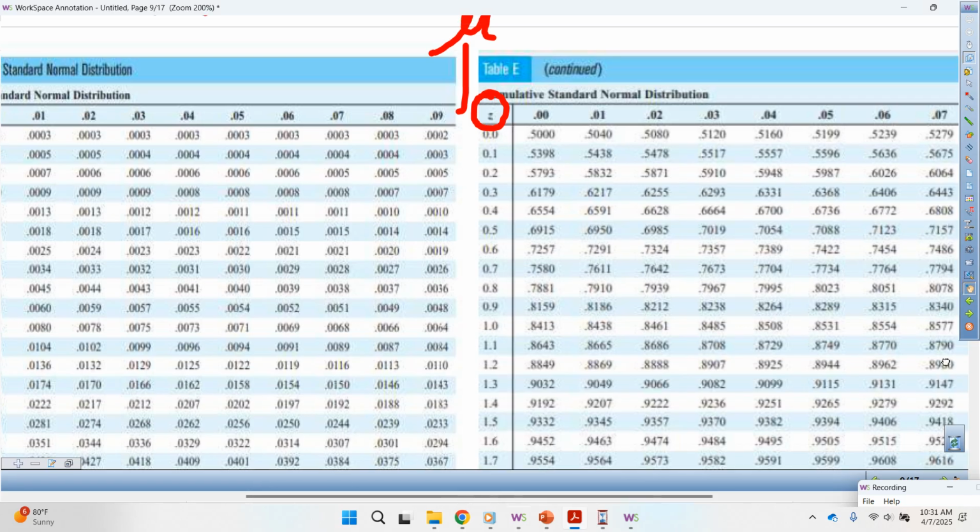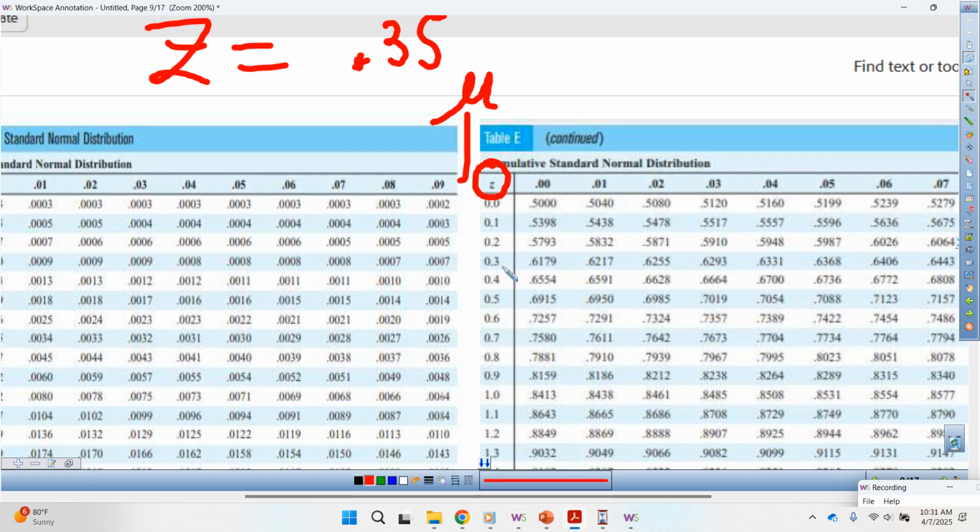Do you guys see it? All right, with your pencil, underline that, 0.3. Next, but that's only that one. What am I missing? 0.05, is that correct? So I go to the top, and I want you to start at 0.0, go all the way to the right till you get to 0.05.